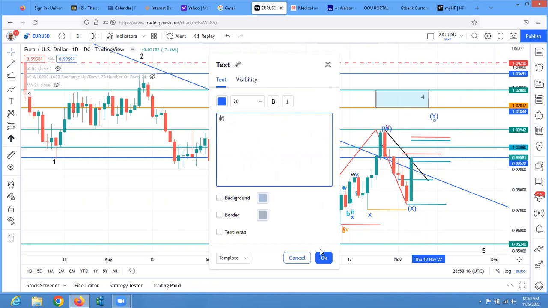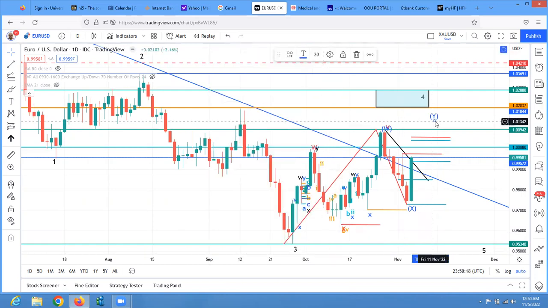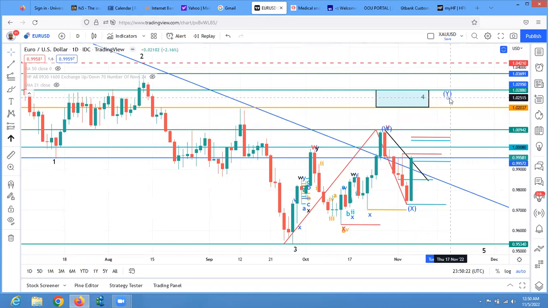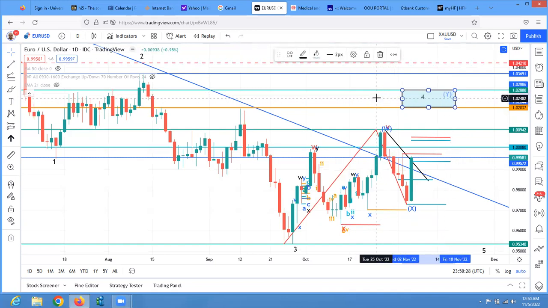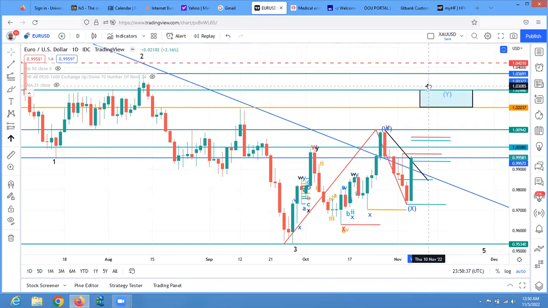And this is where you must be ready to sell. This is what I believe price is trying to do now. And this is where we must be ready to sell, this area.